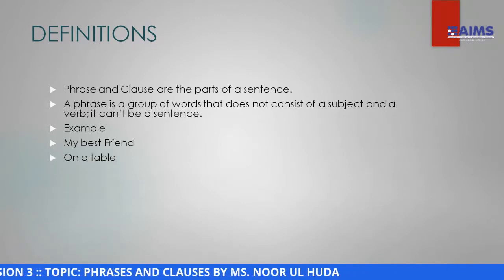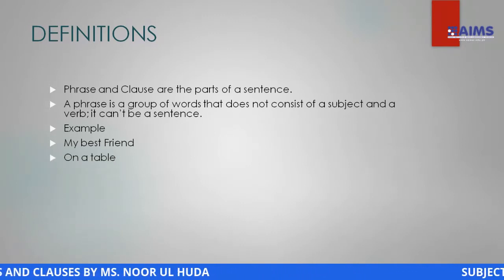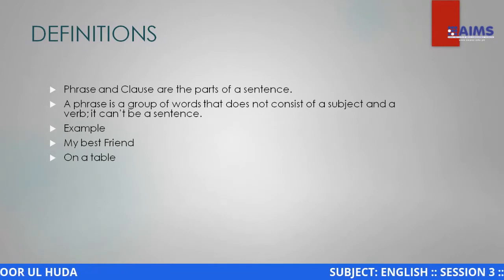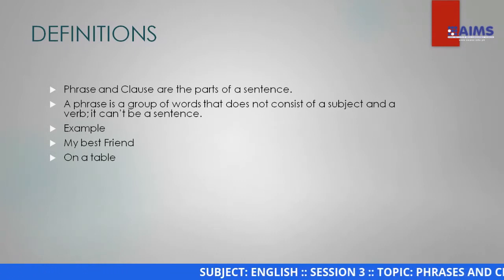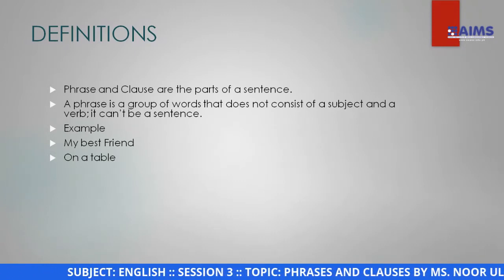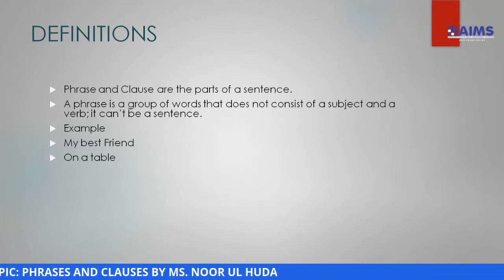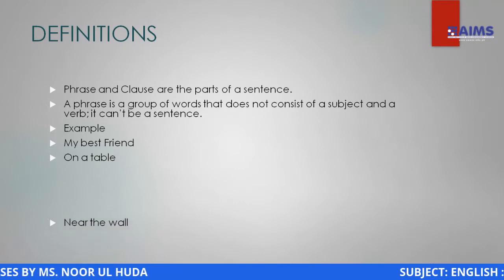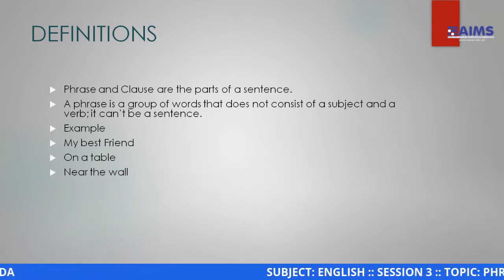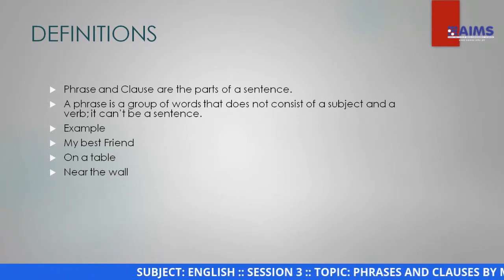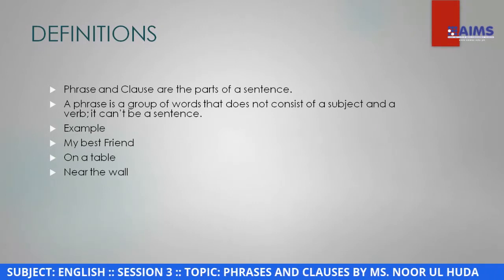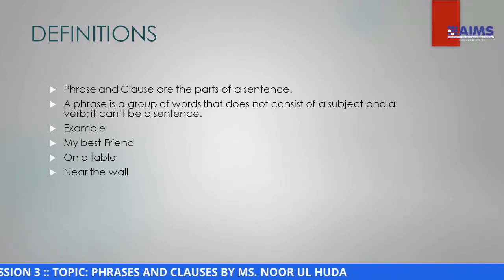For example, on a table, it can give additional meaning to a sentence, but it cannot stand alone. We cannot just say on a table. Everybody would ask the speaker what does it mean, on a table or my best friend. Similarly, near the wall is one of the additional pieces of information we give to a sentence.